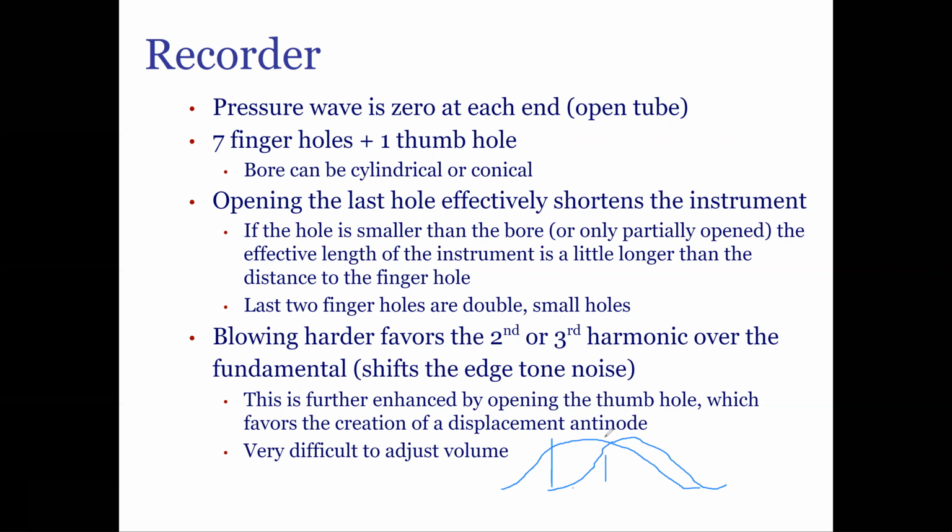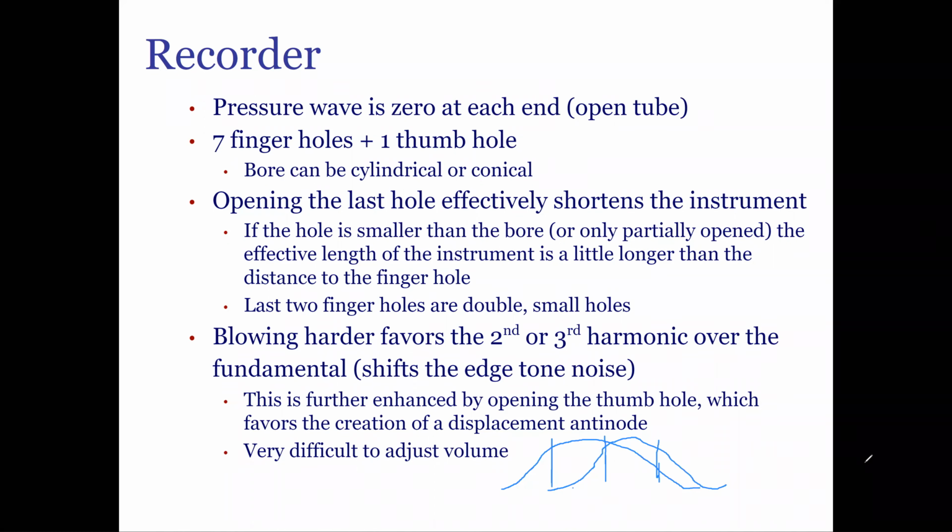And if this is where the second harmonic is, then now I'm going to prefer that over the fundamental. And if this is my third, that might be equally preferred. And this is why when you blow really, really hard into a recorder, it gets really squeaky, because you're hitting those really high harmonics of that open tube.